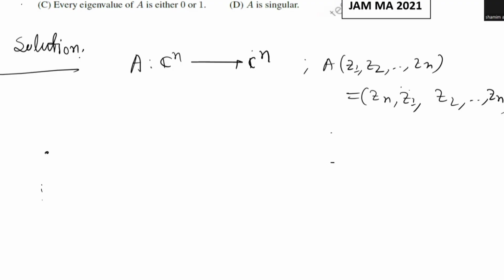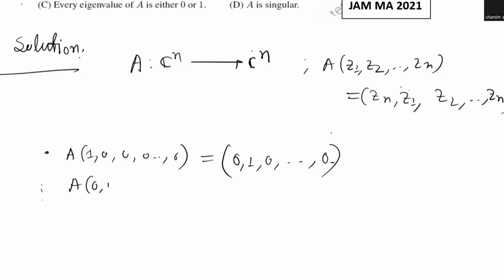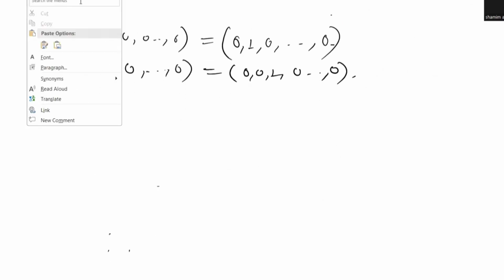Now find the values of A on e1, e2, ..., en. A(1, 0, 0, ..., 0) = (0, 1, 0, ..., 0), and A(0, 1, 0, ..., 0) = (0, 0, 1, 0, ..., 0).